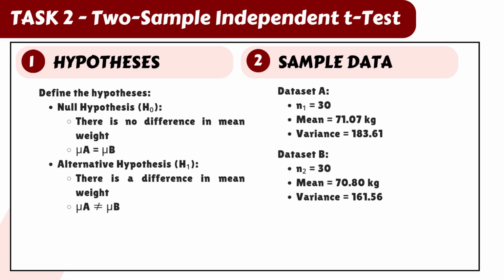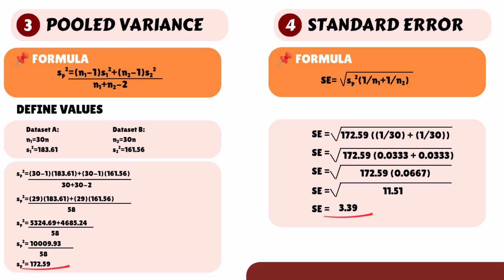For dataset A, the sample size n is 30 students, the sample mean is 71.07 kilograms, and the sample variance is 183.61. For dataset B, the sample size is 30 students, the sample mean is 70.80 kilograms, and the sample variance is 161.56. These statistics will be used to calculate the pooled variance and the test statistic.